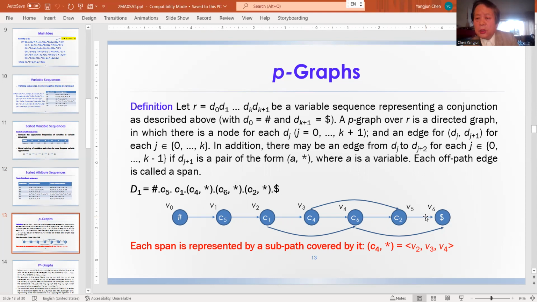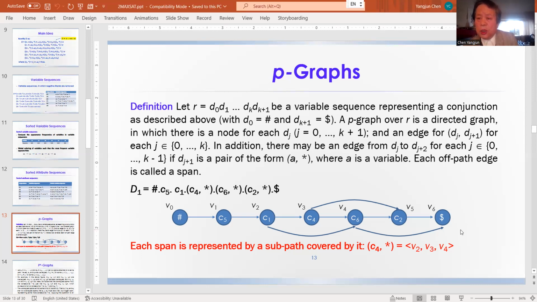We can also represent each spine by the subpath covered by it. For example, for this spine corresponding to this star notation, we can represent it by a subpath going through 3 nodes, V2, V3, V4.